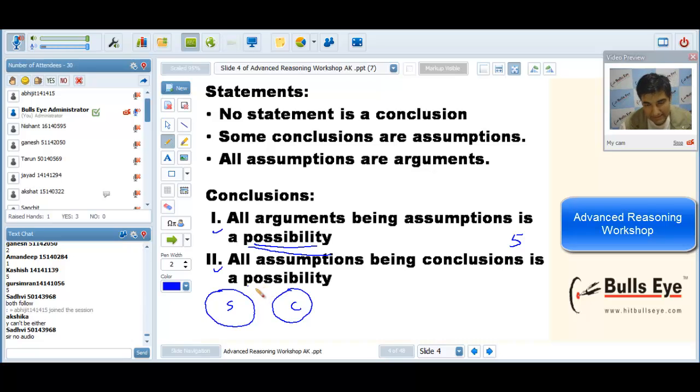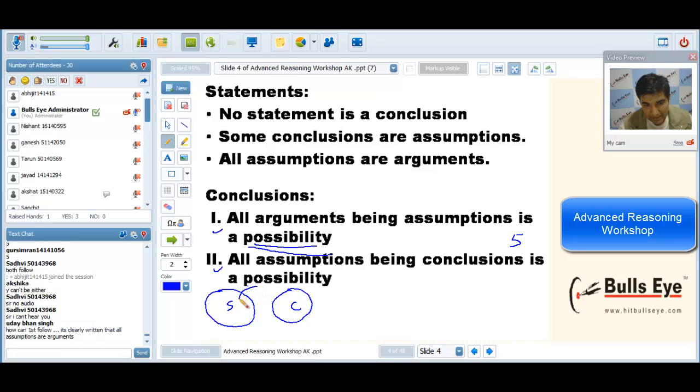Now it says all arguments being assumptions is a possibility. The statement was all assumptions are arguments. Hello Sadhvi, can you hear me? Okay, all assumptions are arguments.